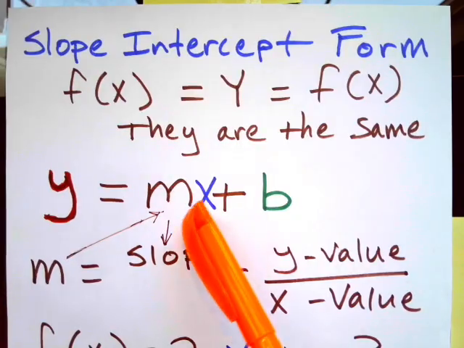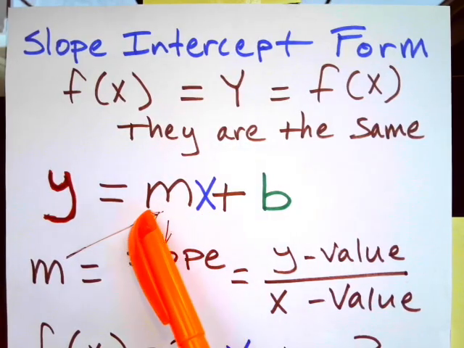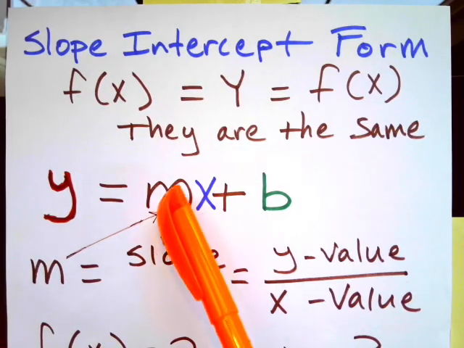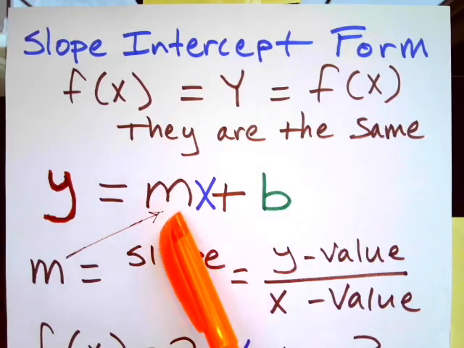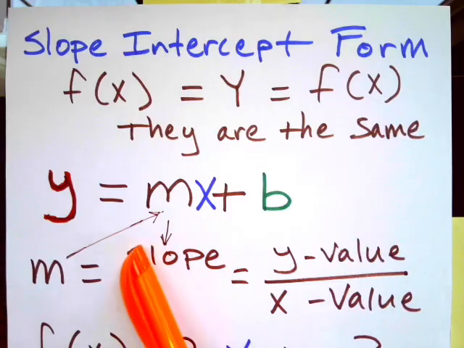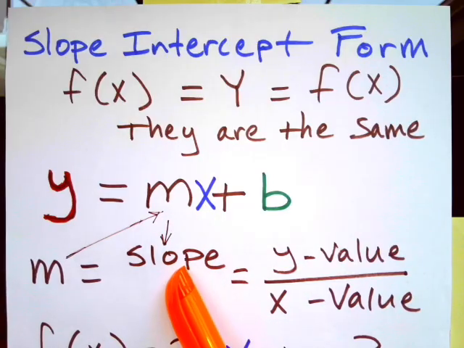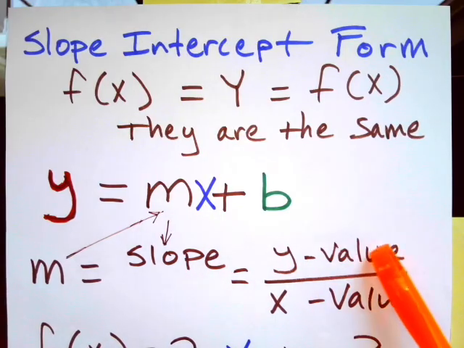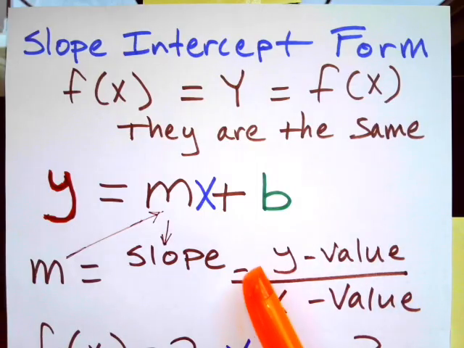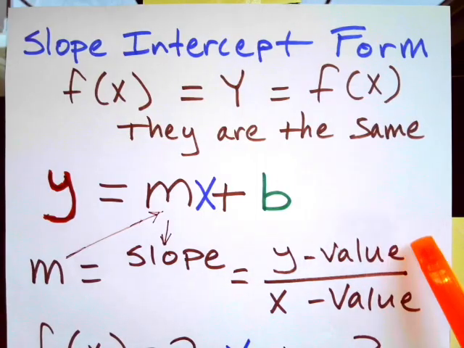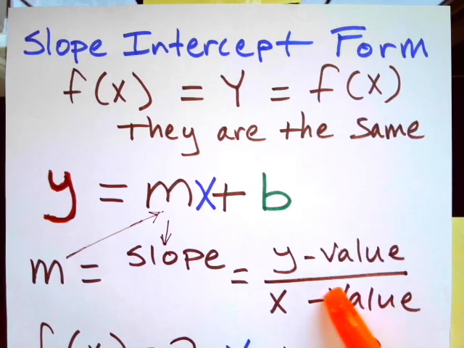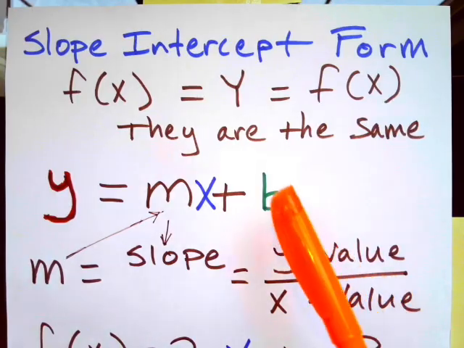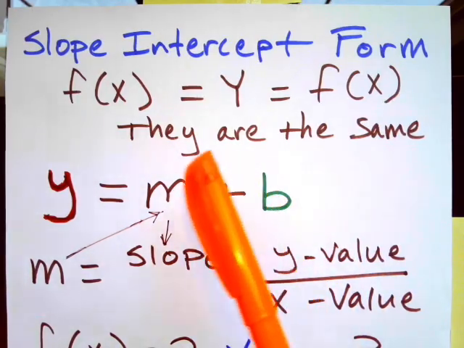M, that number right in front of the x, is your slope. And your slope will always be a fraction value, where the top portion of the fraction, the numerator, will be your y value. The bottom portion of your fraction, the denominator, will represent the x value in this particular type of form, right?